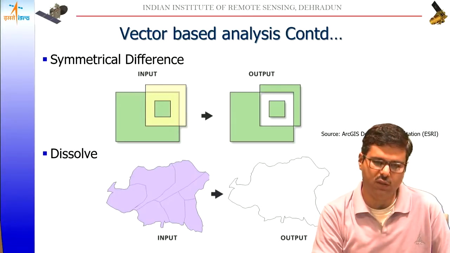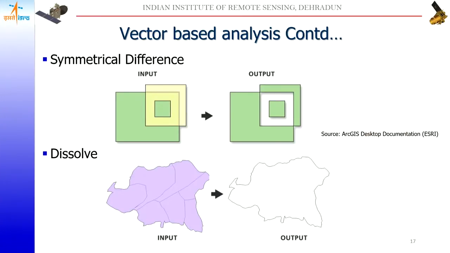Another operator that is widely used with reference to vector data is called dissolve. As the name suggests, it basically removes the boundaries in the polygon to create a single polygon having the bigger region. So suppose we have this input layer, let's say the ward map of Dehradun.